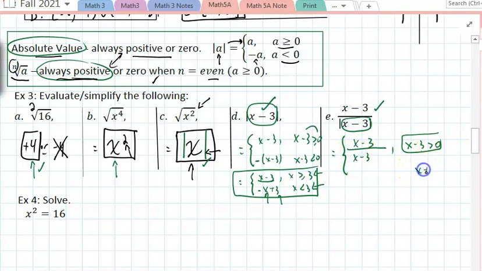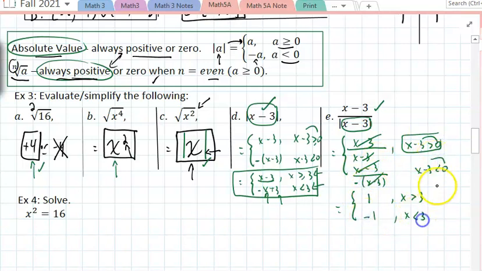And if the inside of that absolute value is negative, then the top is x minus 3 regardless. The denominator will be negative x minus 3. And you'll notice that will be a 1 if x is bigger than 3, and that will be a negative 1 if x is less than 3. The reason we didn't include the 3 is because this happened to be in the denominator.